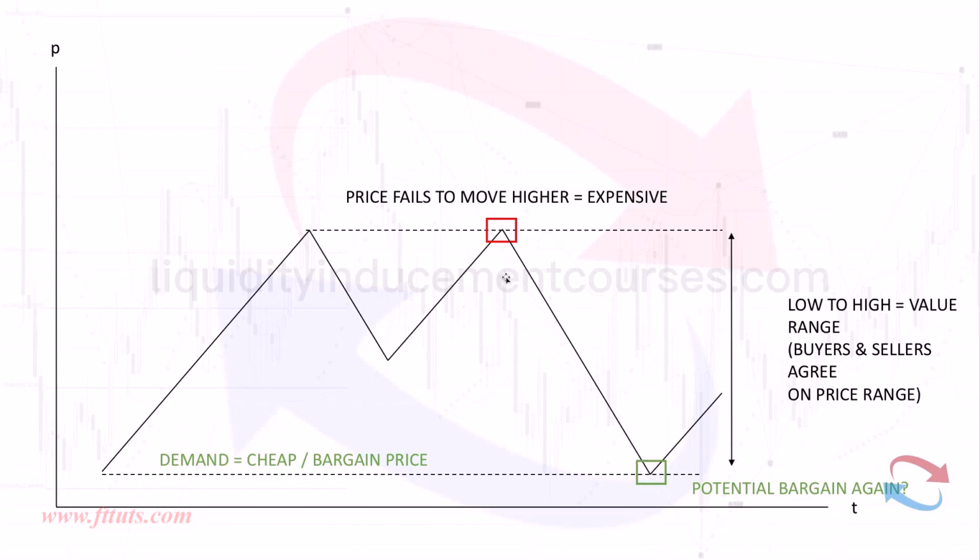Of course, but this is only if you understand the potential value of what you're buying. You're buying again at the cheapest, bargain value price when prices come back down to a low. And this is what is meant by buy low and sell high. So this is always going to be the best value. If you're looking at a low to a high, buying at the lows and selling at the highs is what you want to do.